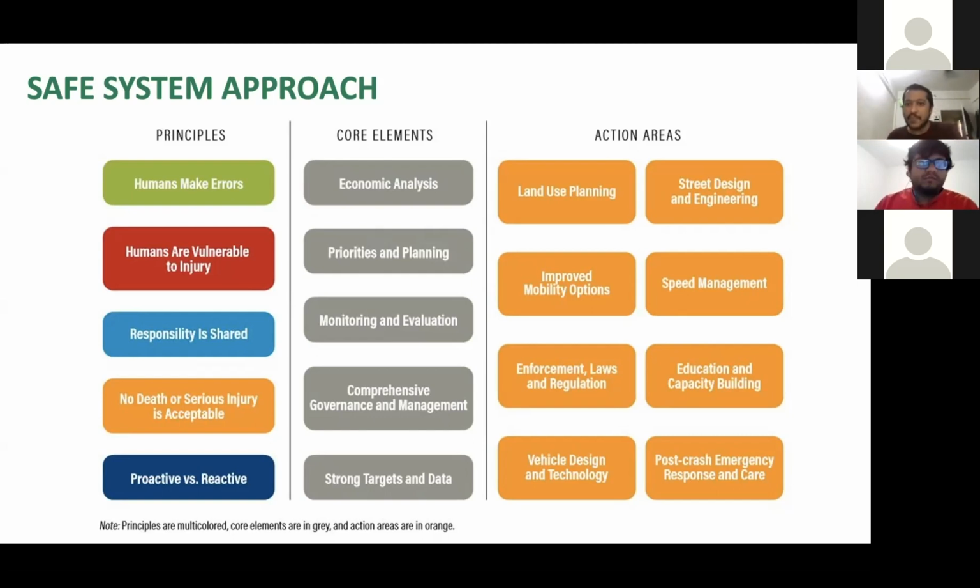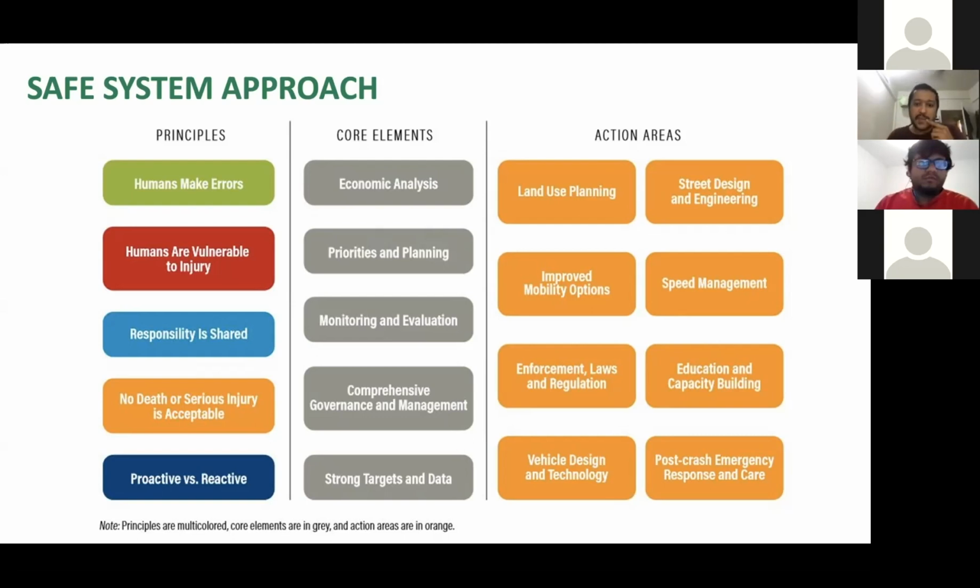But in its application, we need to integrate some of these principles, core elements, and action areas into our existing processes. For instance, TOD is a great land use planning tool to reduce vehicle kilometers traveled and thereby reduce the potential fatalities.